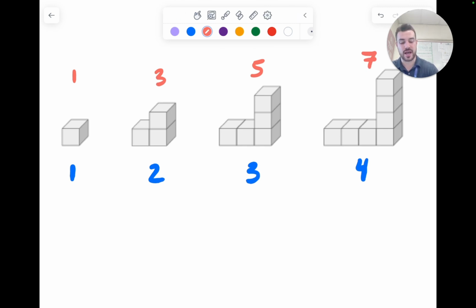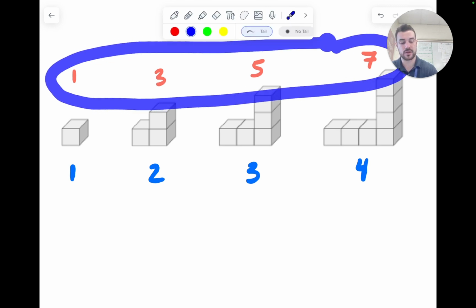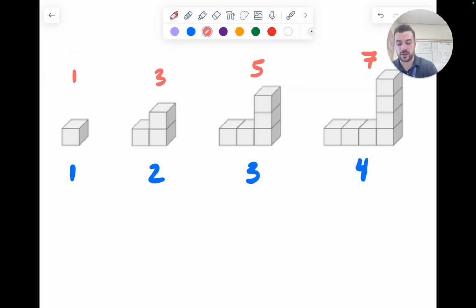So this up top, 1, 3, 5, 7, is going to be our sequence. Really we'd have commas in between here. So this is a sequence. It's an ordered list of numbers, and we want to write an explicit formula, a formula that we can use to represent this situation, so then we can find out what would be the 7th term in the sequence, or the 100th term.